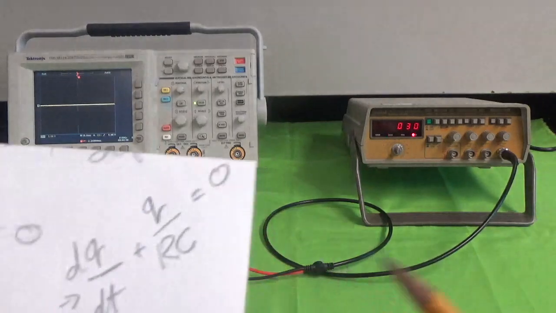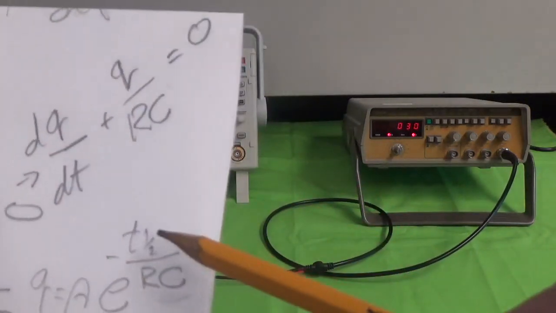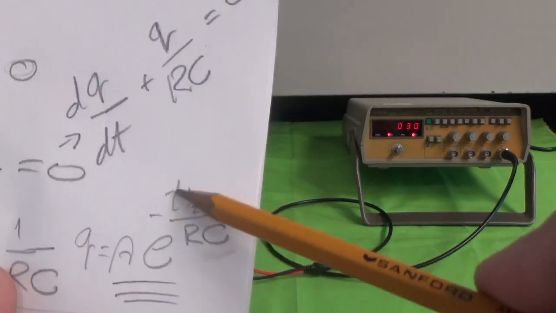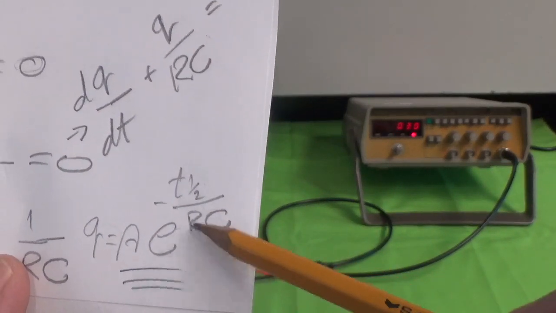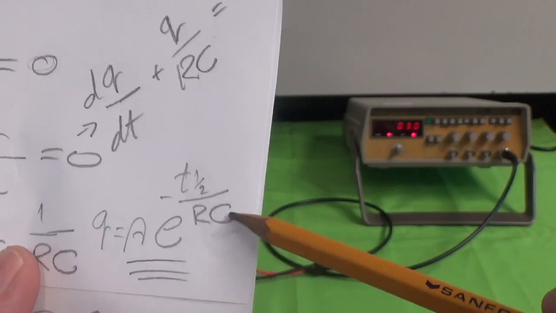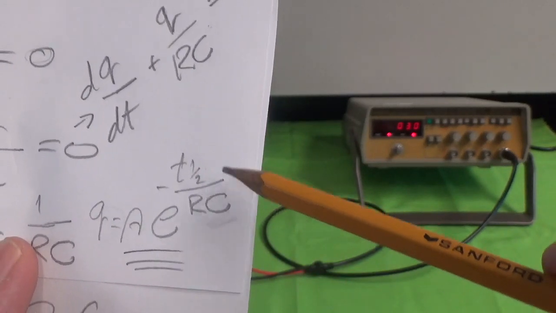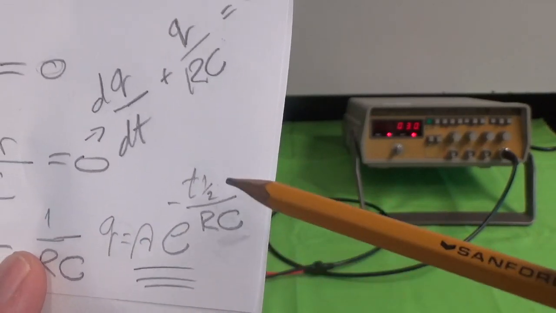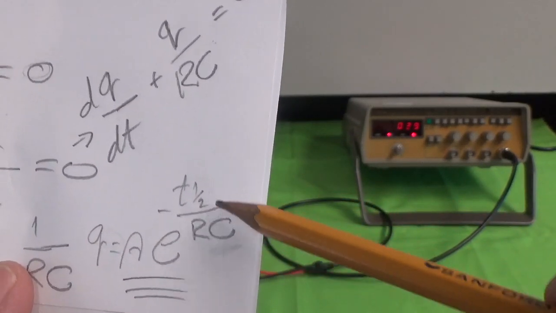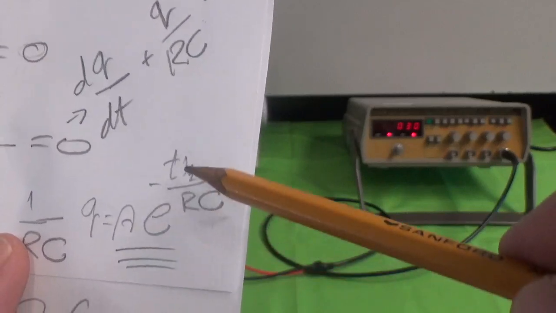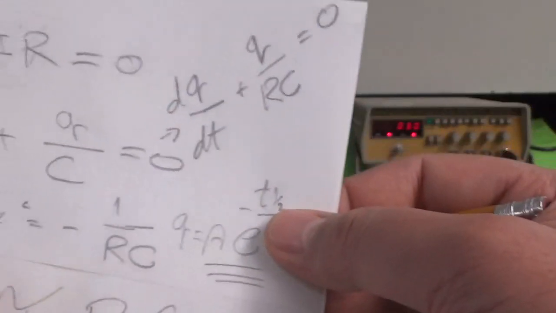This equation has t half, the time constant tau, which is R times C, and another number, which is ln 2. You are not required to derive this equation, but it is a good idea to know it. I will write it down for you.